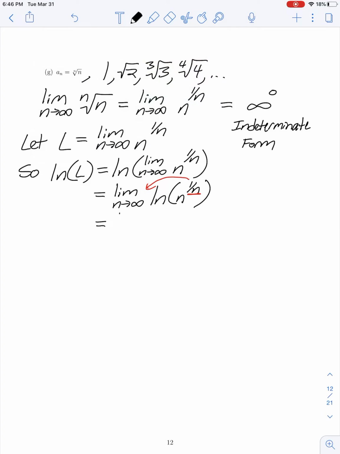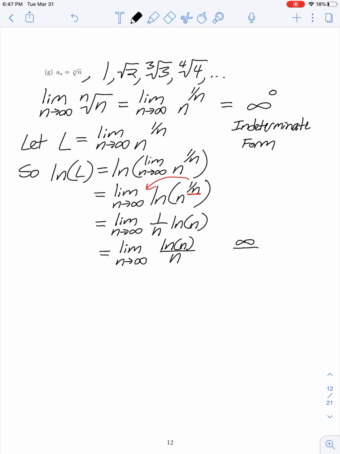For logarithmic functions, if I have the log of something raised to a power, I can bring that power out in front of my logarithm. So what I have here is the limit as n approaches infinity of 1 over n times the natural log of n, or as a fraction, the natural log of n divided by n.